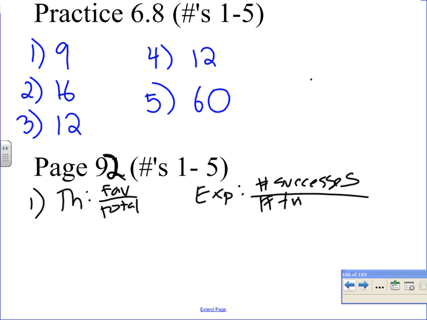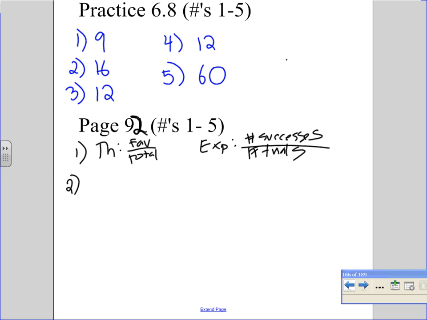So theoretical, what should happen? Experimental, what happens after you actually do an experiment? You may also have the favorable over total for theoretical, number of successes over number of trials for experimental. You don't have to, though. Mary? Yep, that's perfect.